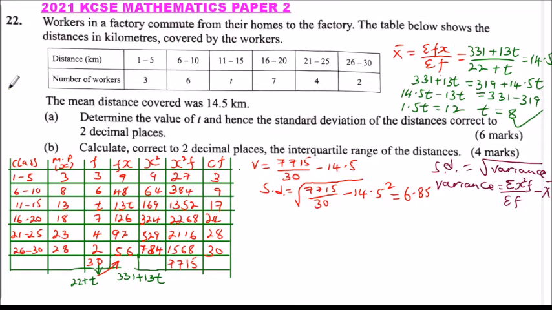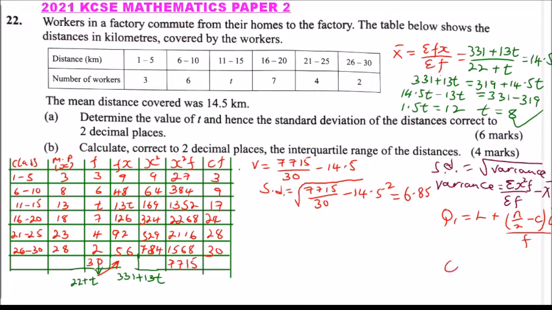So the formula that we use, we say this is the lower quartile, which we call Q1. We say it is the lower class limit of that class plus n over 2 minus c, all this is divided by f, and you multiply by i, the class interval.